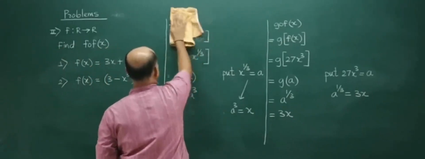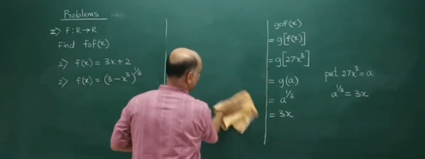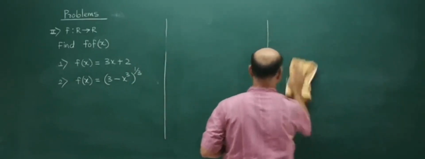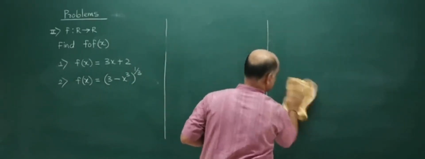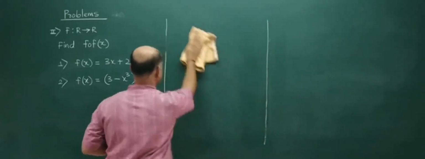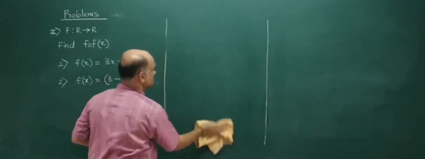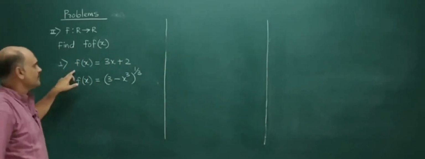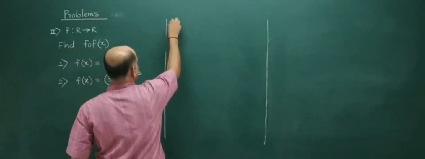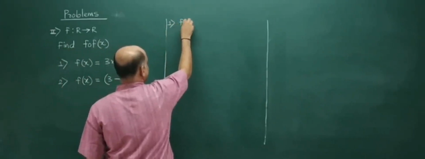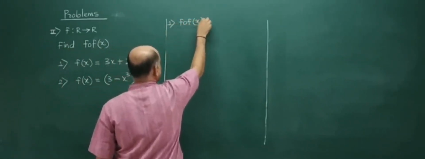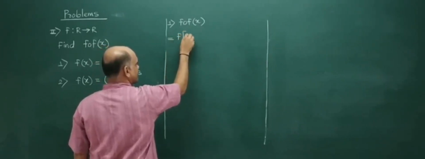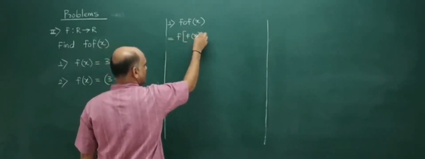So here we are having f of x. If I take the first one, you are required to find f of f of x. So this is nothing but f into bracket f of x.